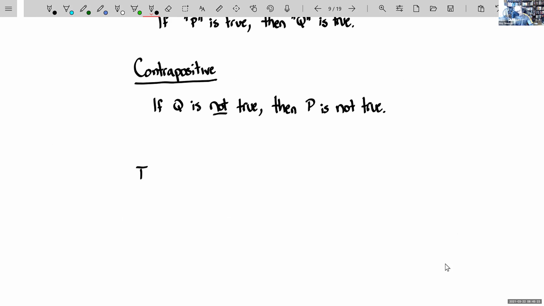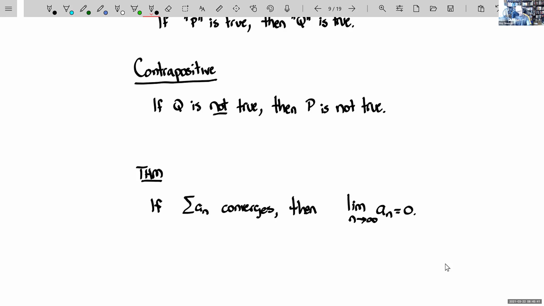So let's apply that contrapositive thinking to the theorem that we just proved. Our base theorem we just proved was: if the summation a sub n converges, then the limit as n goes to infinity of a sub n must equal 0.